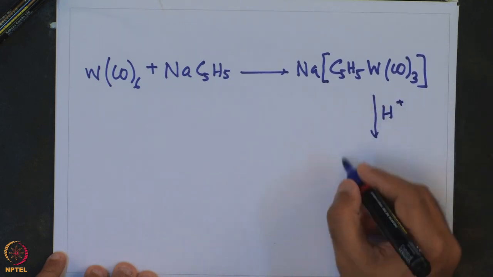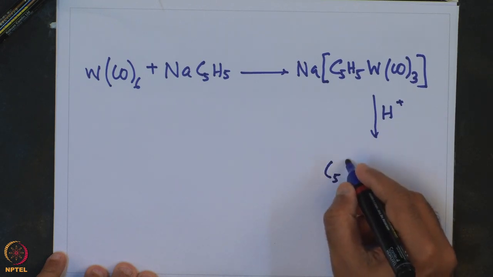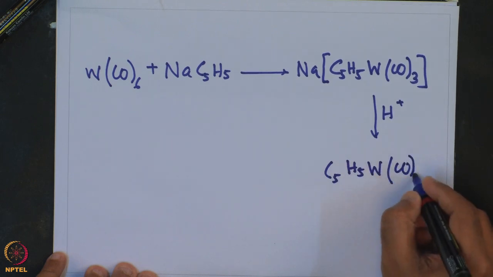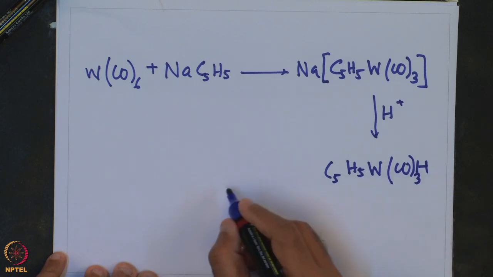When protonated, it gives the corresponding tungsten hydride complex, C5H5 tungsten CO3H.